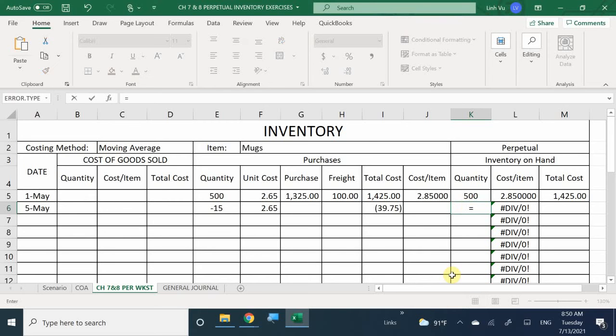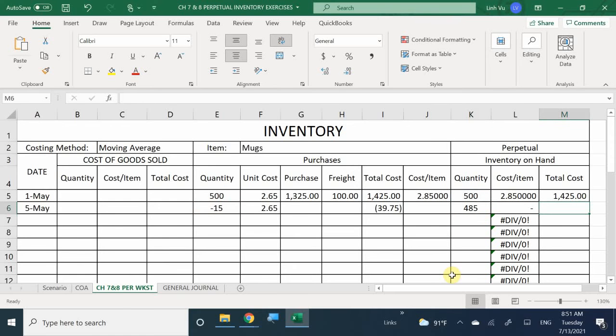I'm going to take my 500, and I'm going to subtract 15. What should be my number here? 485. Okay, and then I started out with $1,425, but I refunded $39.75.